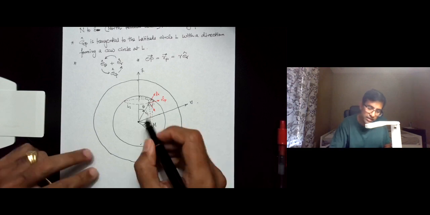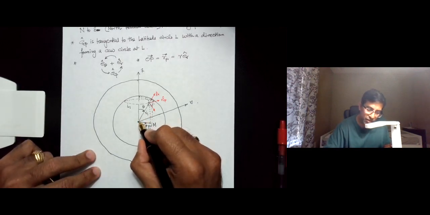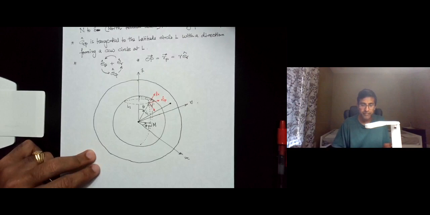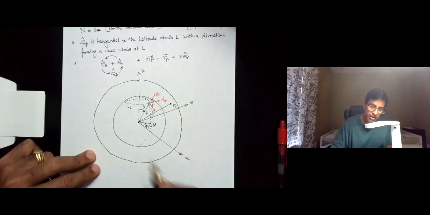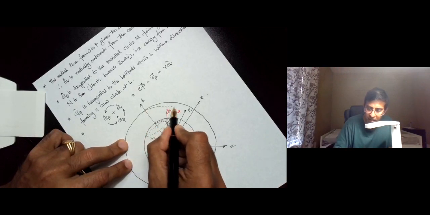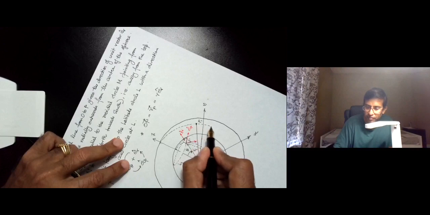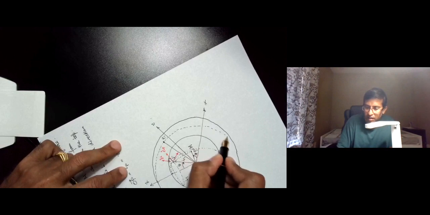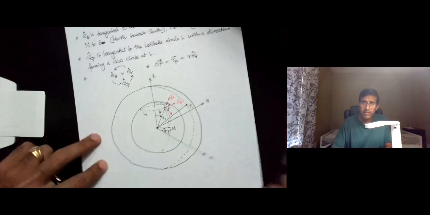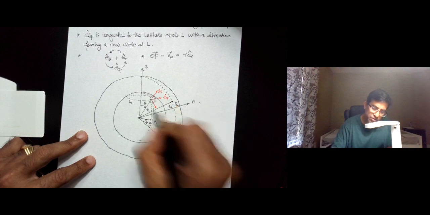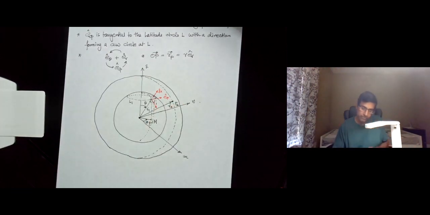Now assume that the point has later on moved to a location like this, okay, which is, let's say, P1, and now the meridian is going like this. It is at a distance of R, let's call this P2, so R2, this is P1, right?